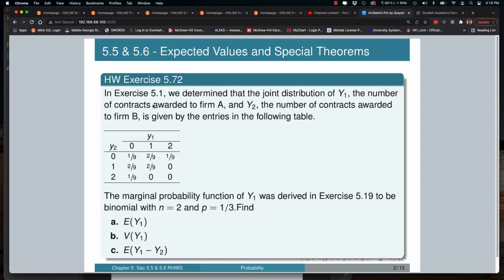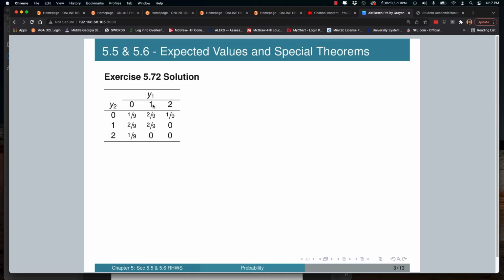It's nice to know that the marginals are binomially distributed, but we can solve this without all that, by just using the marginal probabilities of knowing certain values of Y sub 1 and Y sub 2.